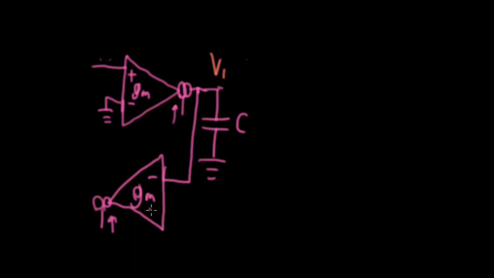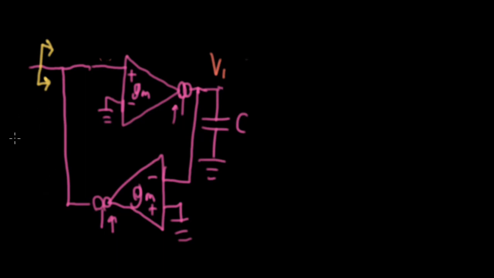Except this time I'm going to put the input into a minus terminal and we'll ground the plus terminal. So we'll take the output here and feed it back up here. And the question I'm going to ask is, what does the input impedance look like looking into the node here?